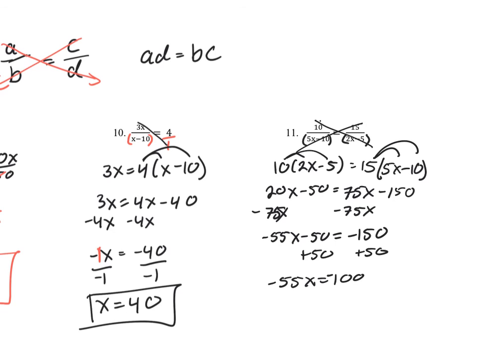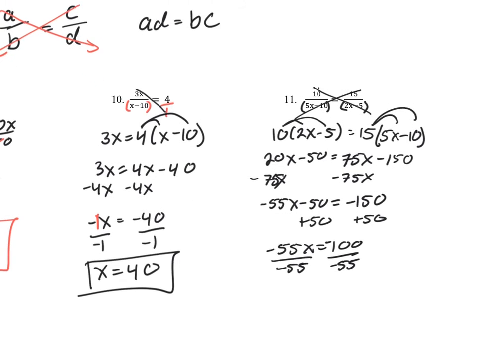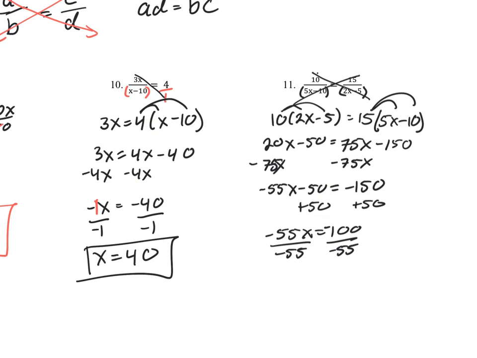Then we want to divide both sides by negative 55. Again, this is going to give us a fraction, and that's okay. This is going to give us a fraction with a repeating decimal if we convert it to decimal form. Because of that, we want to leave it a fraction. We don't want to round. So we're going to have x equals, and when we simplify this, we will have 20 over 11.